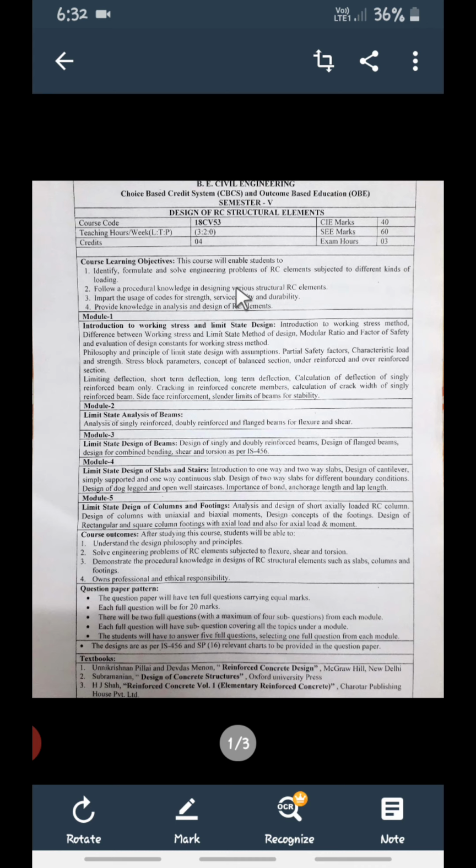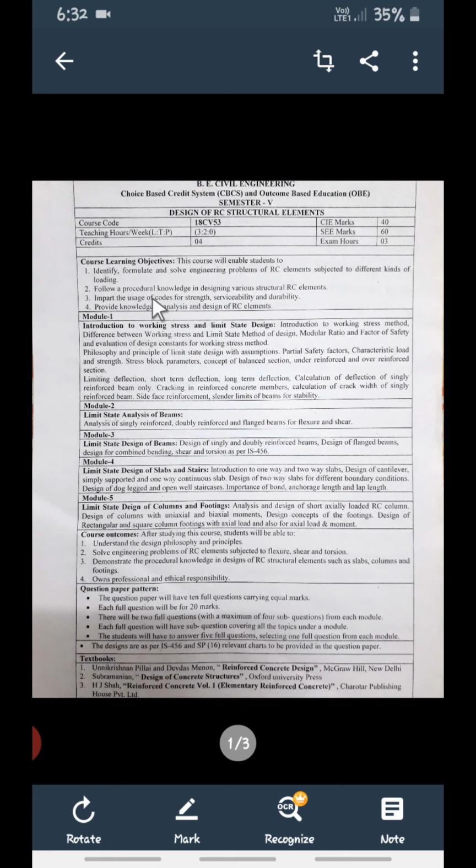Once the analysis is completed, based on the assessment of load coming on each element, we are going to design the elements. So if you complete this subject, it is possible to solve engineering problems of RCC elements subjected to different kinds of loads. Then some procedure has to be followed.